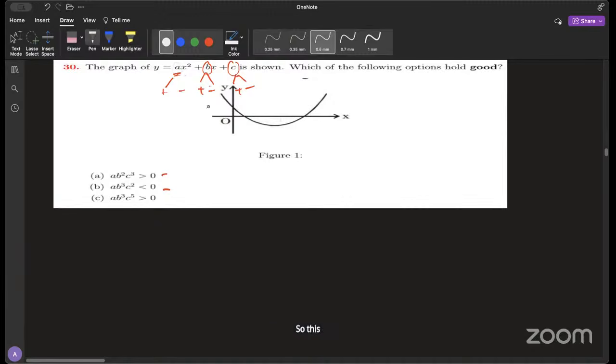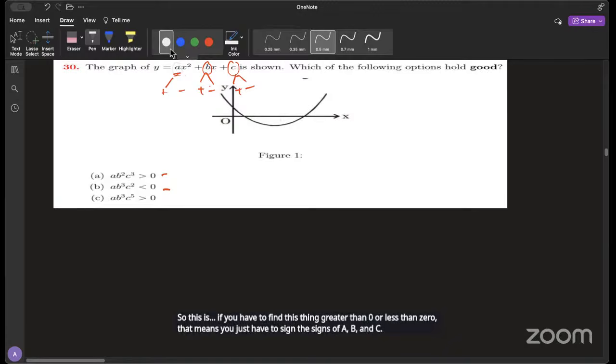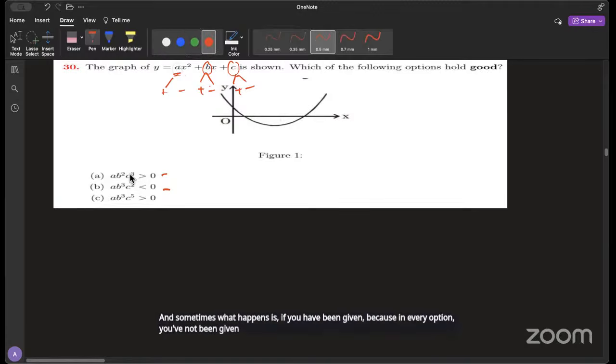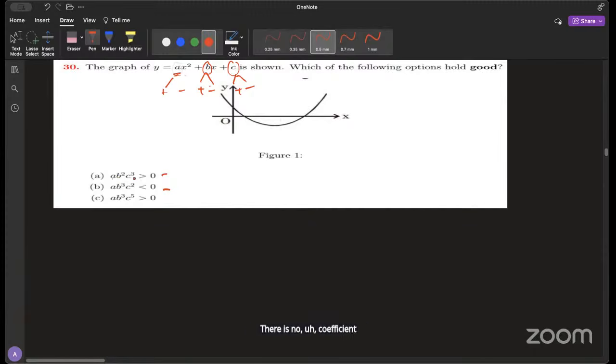So if you have to find this thing greater than 0 or less than 0, that means you just have to find the signs of A, B, and C. Sometimes what happens is, if in every option the power of a coefficient is always even, like AB square C cube, AB square C square, and AB square C5, that means you don't have to find the sign of B square, because B square is always positive.